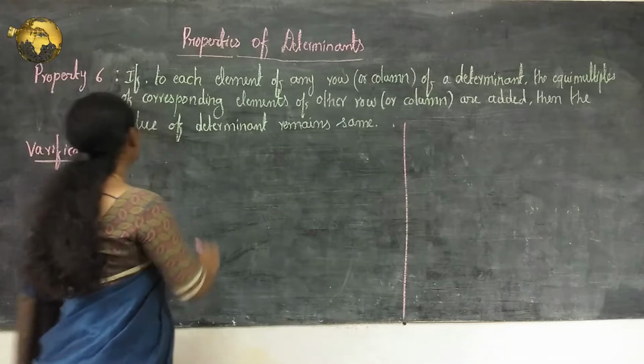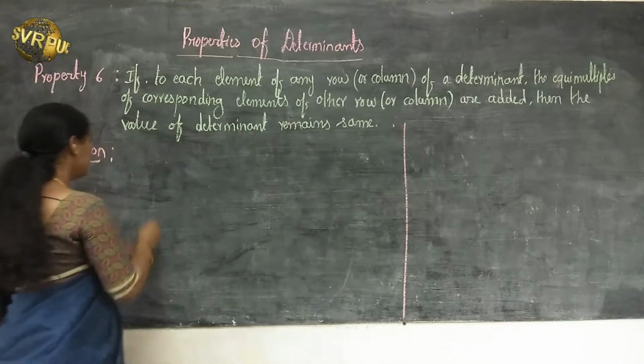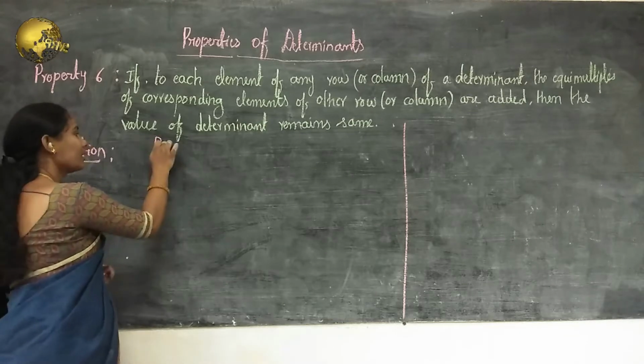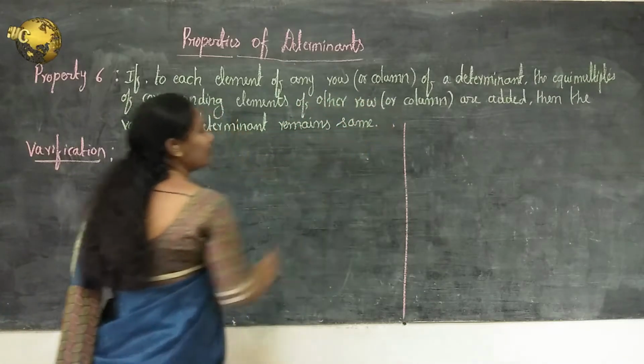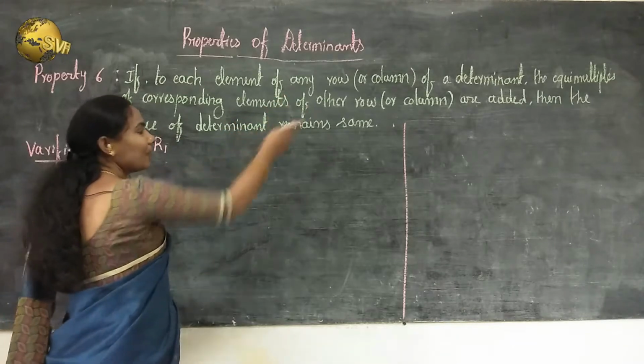That means here, if I take R1, a row of a determinant, the equi-multiples of corresponding elements of another row.